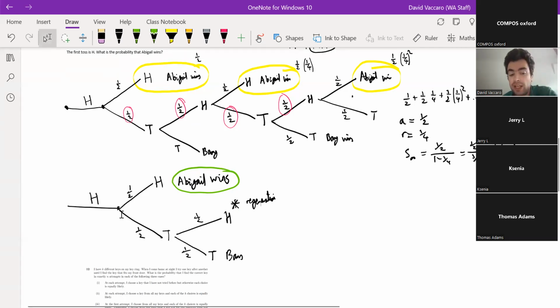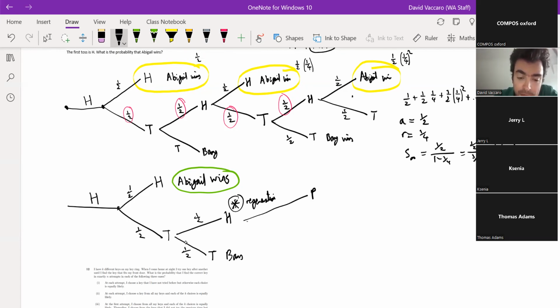Because the earlier string HT doesn't matter, that's just never going to be involved. At this point, it's exactly as if the game had started with a head. So at this point, you could say that the probability that Abigail wins from here is the same as the probability that she wins at the beginning of the game.